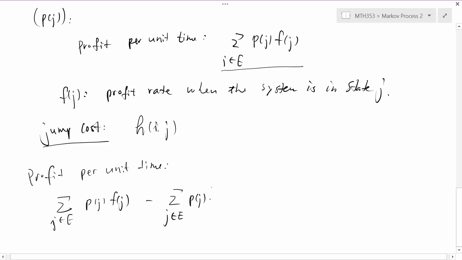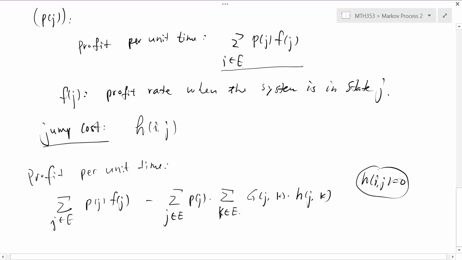Here you need to multiply something else. This part is going to be another sum, and for each j, you multiply the row of the generator matrix. So this is going to be gjk times the jump cost hjk, where k is inside the state space. Of course, k cannot be j because we assume that hjj is 0.